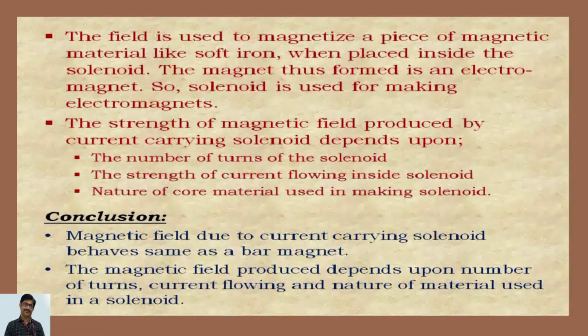Whenever you make a loop of that straight wire, it produces a magnetic field that is pretty much straight at the center of the loop. Now we made a number of circular loops in the form of a solenoid, and hence the magnetic field lines are parallel straight lines, and the magnetic field is the same at all points inside, and it behaves like a bar magnet.